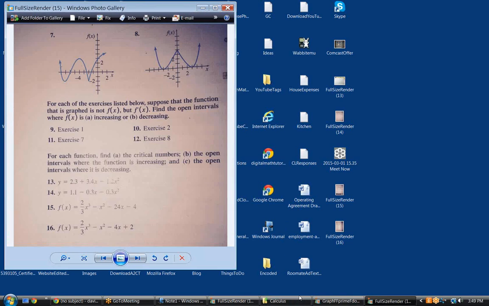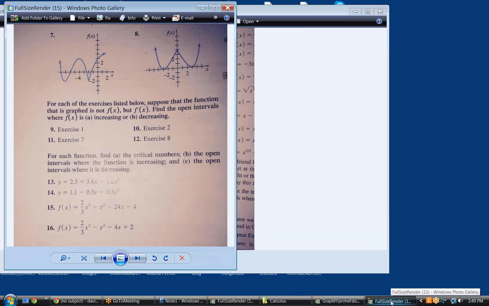So that's what they're asking you to do in these next problems. Number 9 says, okay, look at function 1 and pretend that that is f prime of x, not f of x, and then say where it's increasing or decreasing.